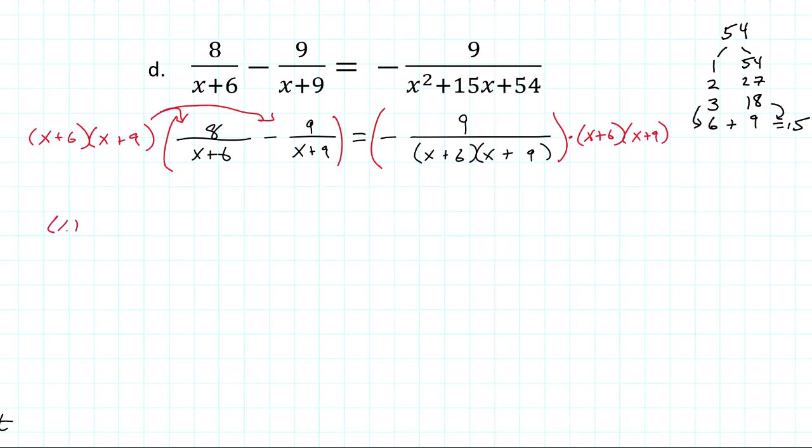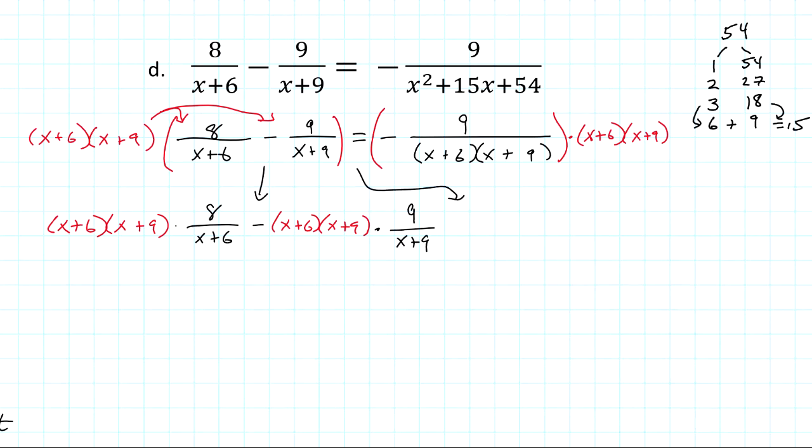So we'll have x plus 6 times x plus 9 times 8 over x plus 6, minus x plus 6 times x plus 9 times 9 over x plus 9.